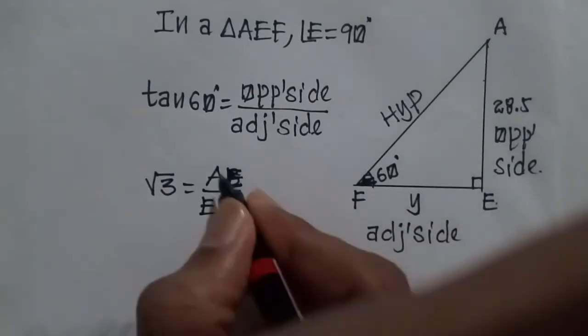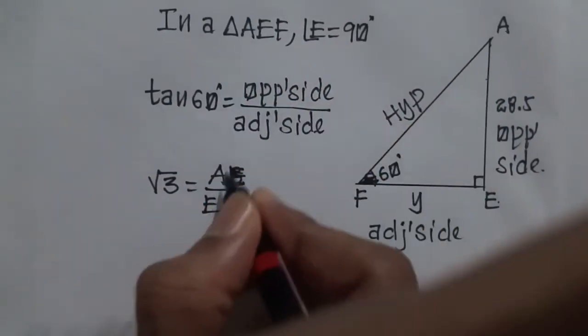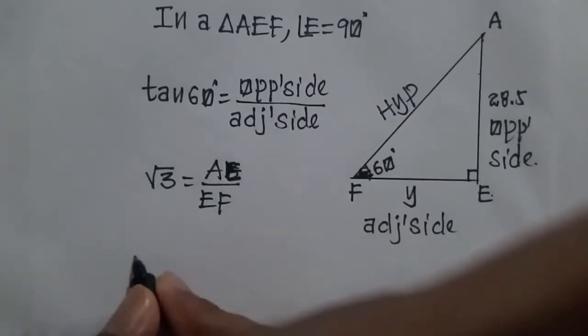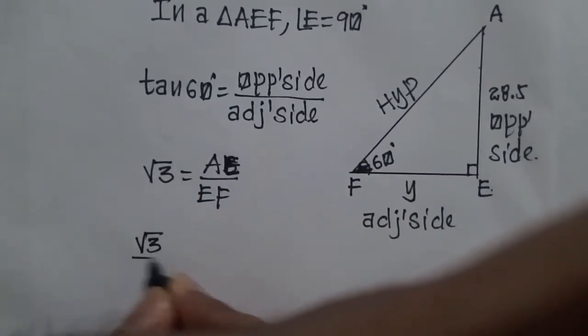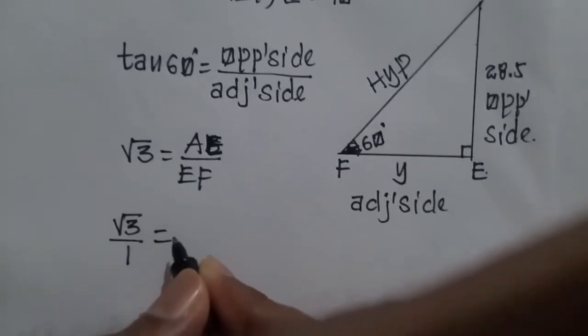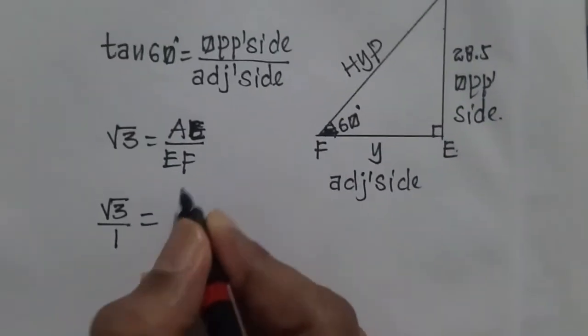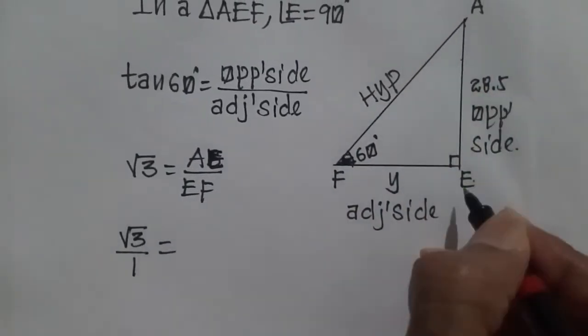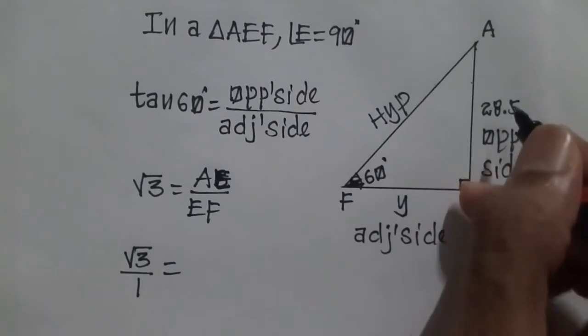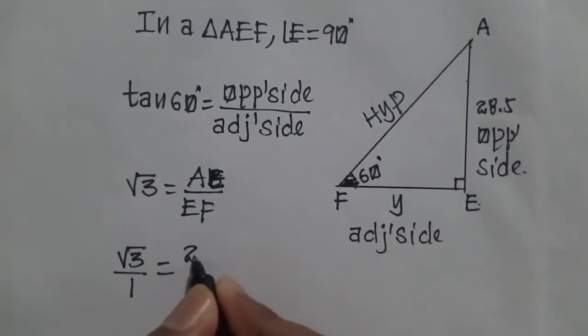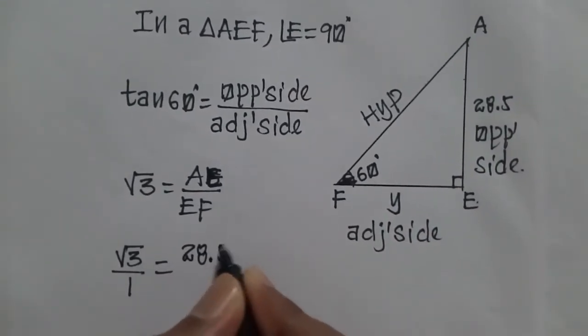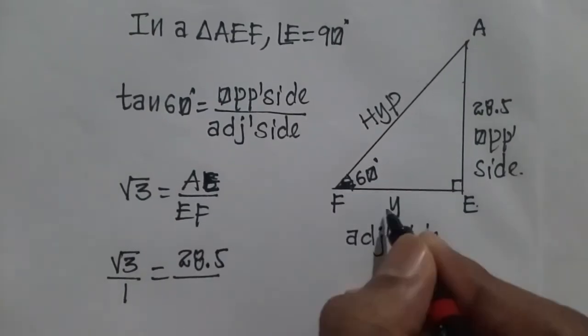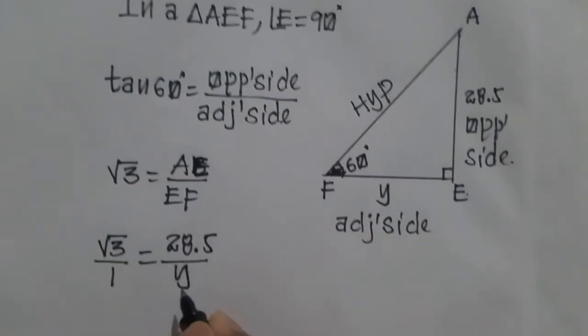So root 3 by 1 is equal to AE by EF. AE is equal to what value? 28.5. So root 3 by 1 is equal to 28.5 by EF, where EF is equal to y.